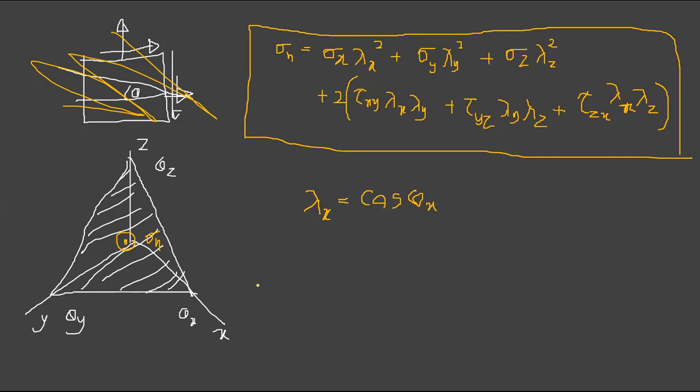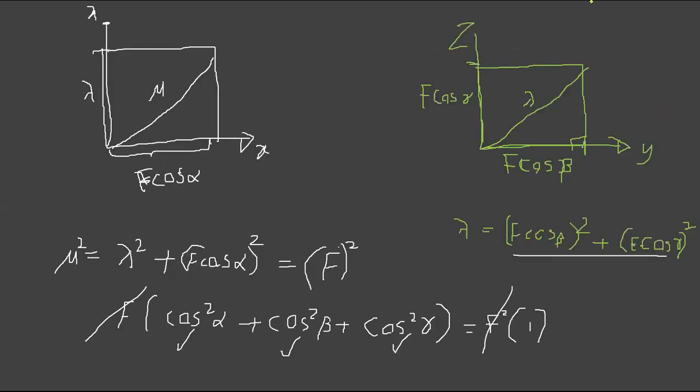We denote lambda x as cos theta x so we don't need to write cos again and again. Lambda y is cos theta y, and lambda z is cos theta z.